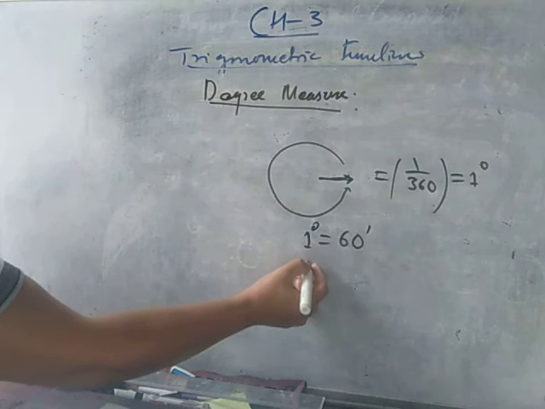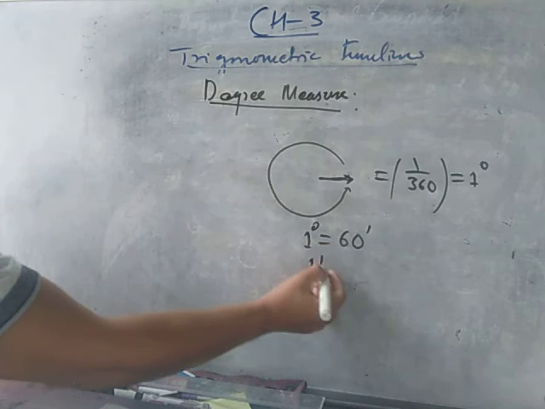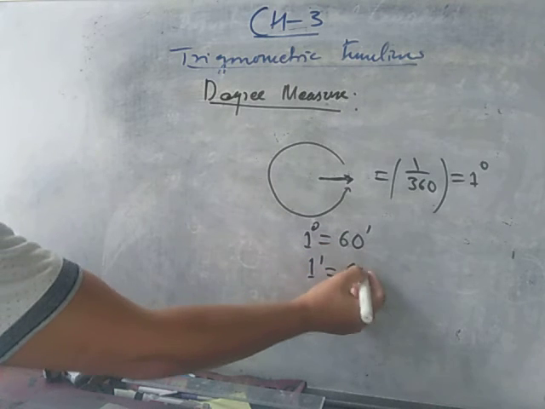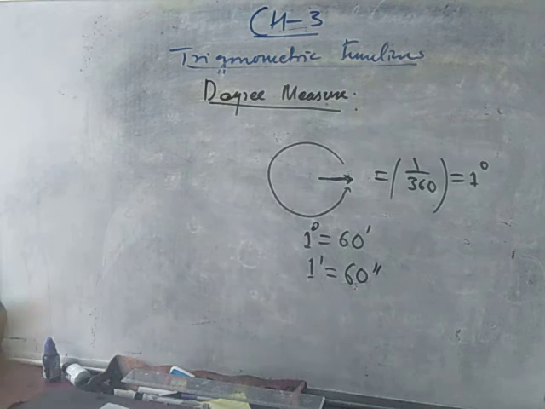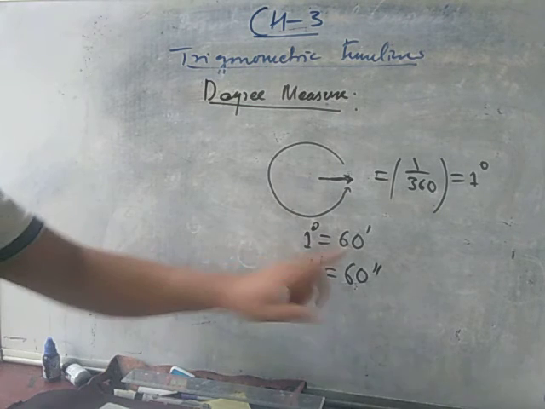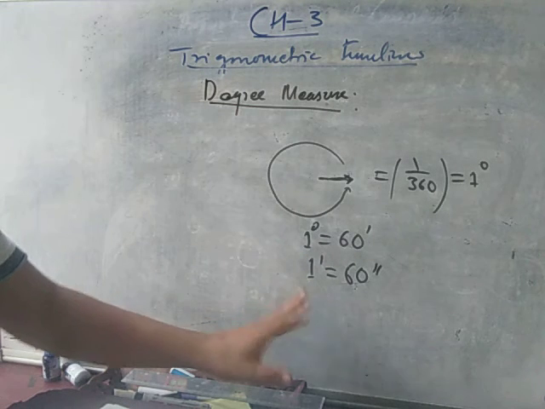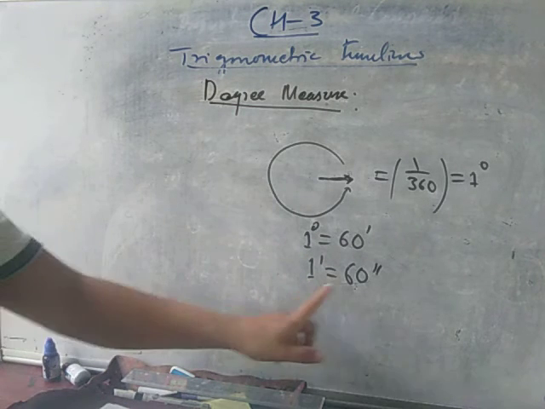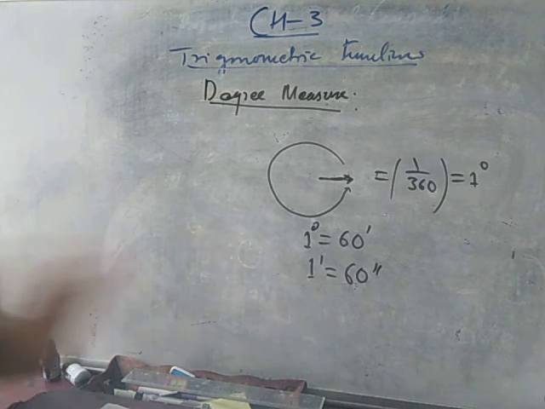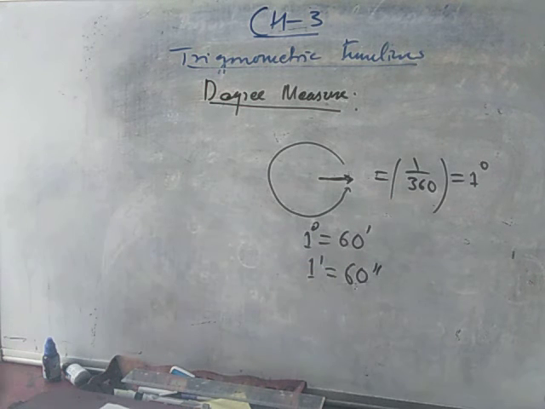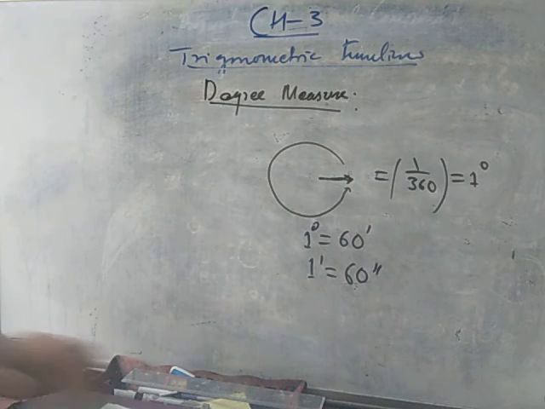And this 1 minute is also equal to 60 seconds, okay? 60 second हुन्छ नि 1 minute मा. So 1 degree equals 60 minutes, and 1 minute equals 60 seconds, okay? That is your degree measure. So you'll get degrees like this, 45, 60, 30.